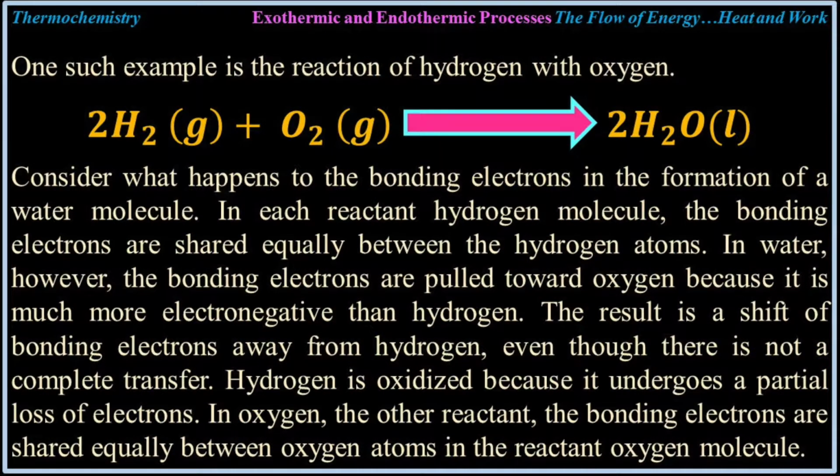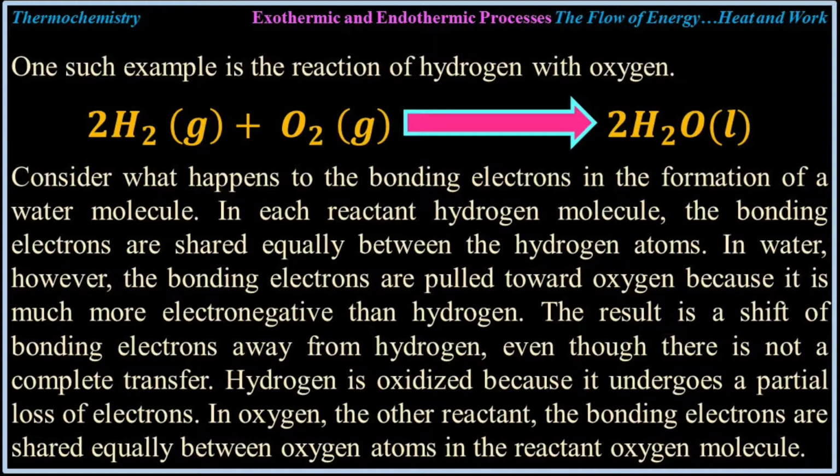One such example is the reaction of hydrogen and oxygen. 2 moles of hydrogen plus 1 mole of oxygen yields 2 moles of water. Consider what happens to the bonding electrons in the formation of a water molecule. In each reactant hydrogen molecule, the bonding electrons are shared equally between the hydrogen atoms.